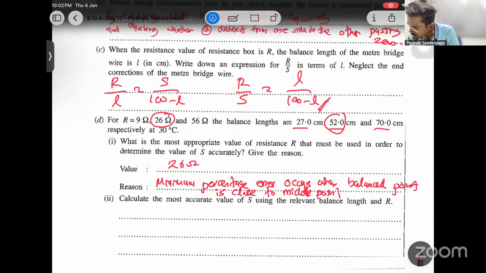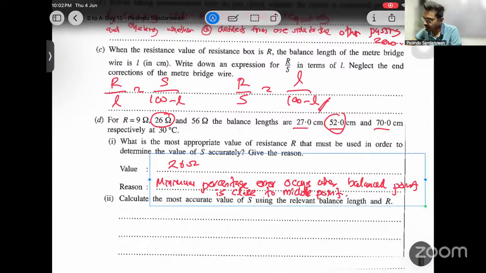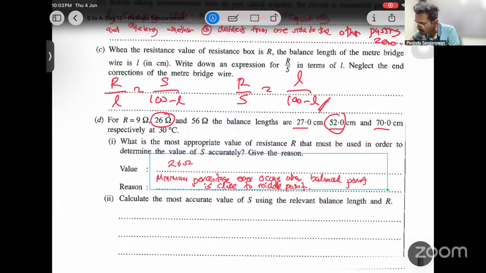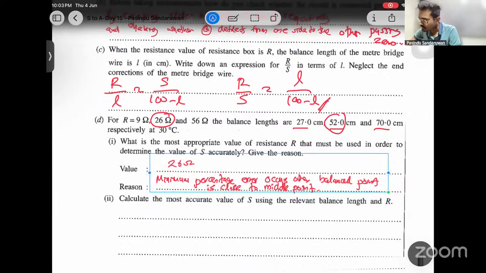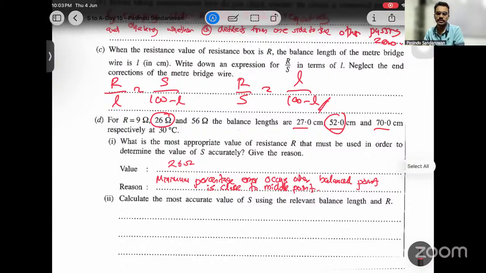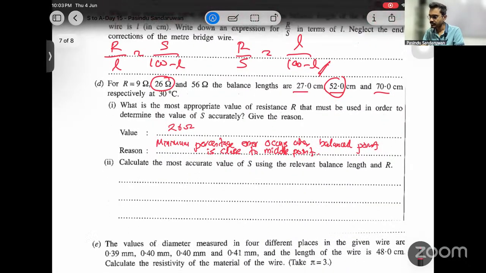So we always prefer to have the balance point in the middle when doing the experiments. That is the practice we follow to minimize percentage errors.